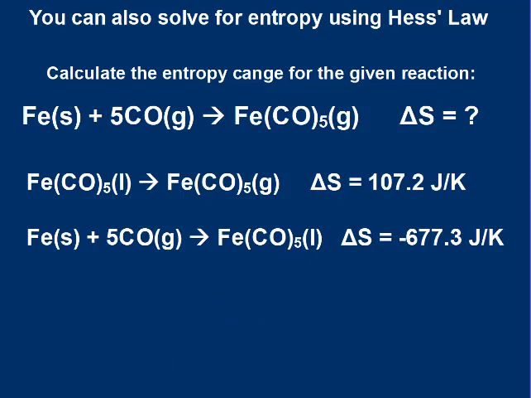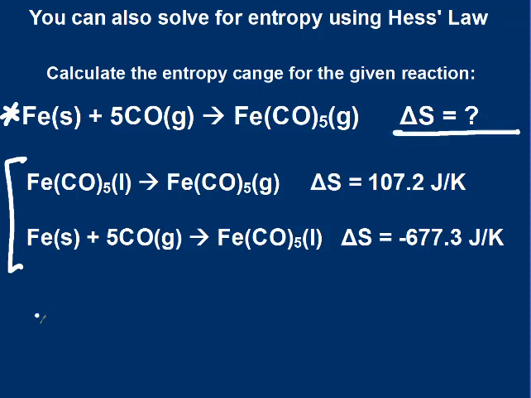You can also solve for entropy using Hess's law, just like we did for enthalpy. Remember with Hess's law, you manipulate the equations that you know the delta S for, or delta H for, or whatever we have, to make it add up to the equation given that you're trying to find the delta S for.